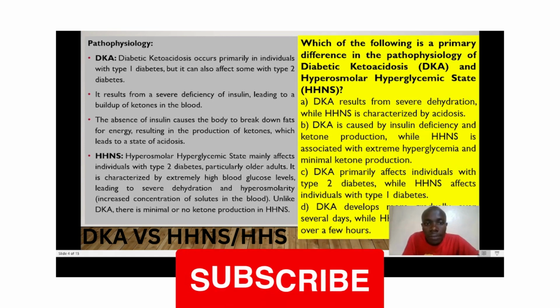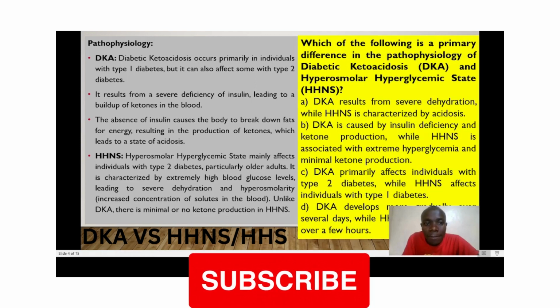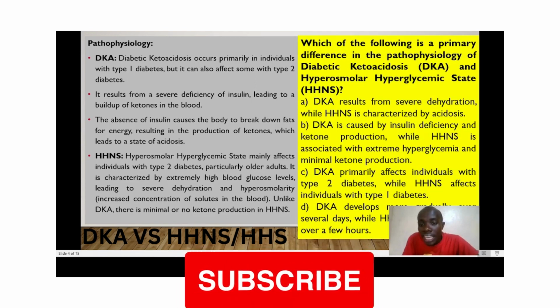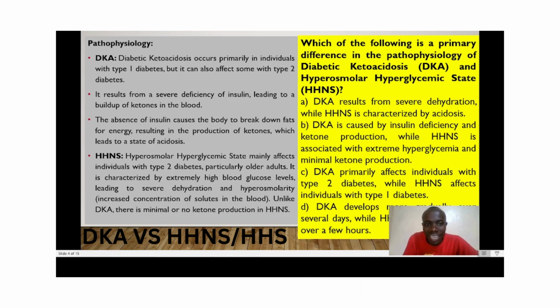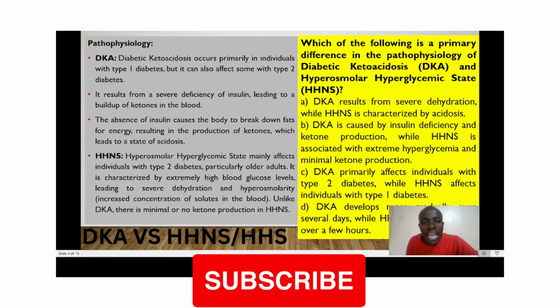So the absence of insulin causes the body to break down fats for energy, resulting in production of ketones, which lead to a state of acidosis. When you look at the pH in DKA, it's going to be more acidic because of the ketones.